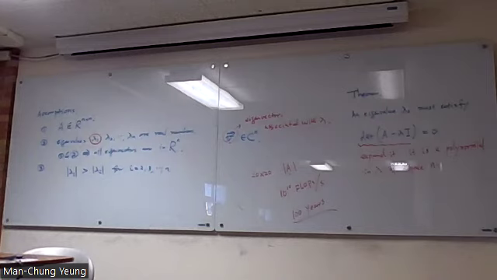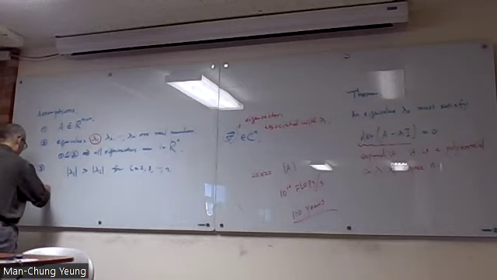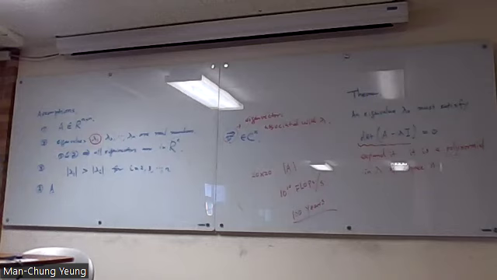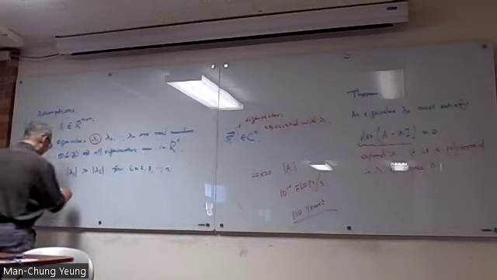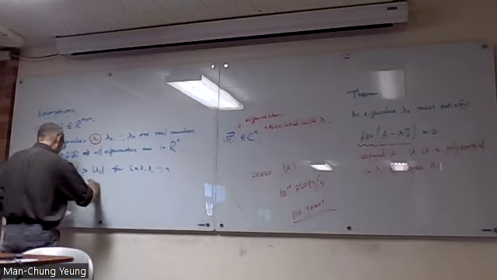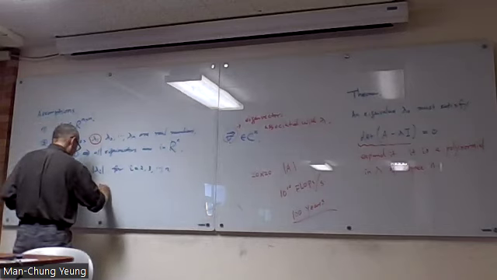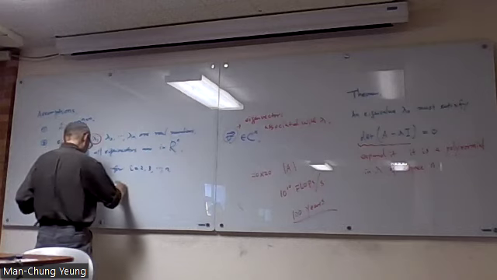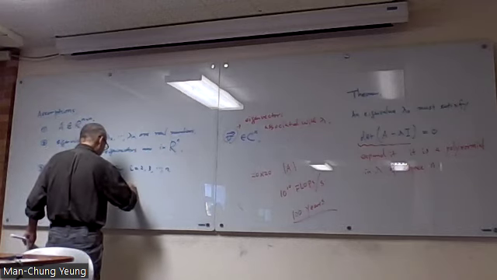One more assumption, number 4. A has n linearly independent eigenvectors. This is important.